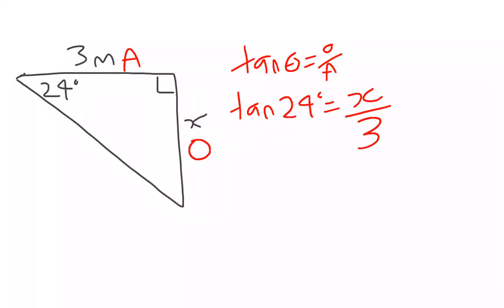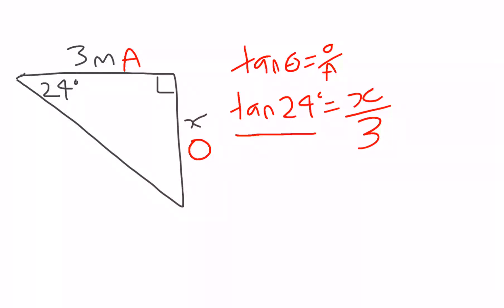Now here, normally when we're solving this, I'd multiply both sides by 3, and I'd get 3 times tan of 24 degrees is x, and I'd solve that, and that would be fine. But just looking at tan 24 degrees for the moment, we'll remember that the value of the ratio tan of 24 degrees is stored in our calculator.